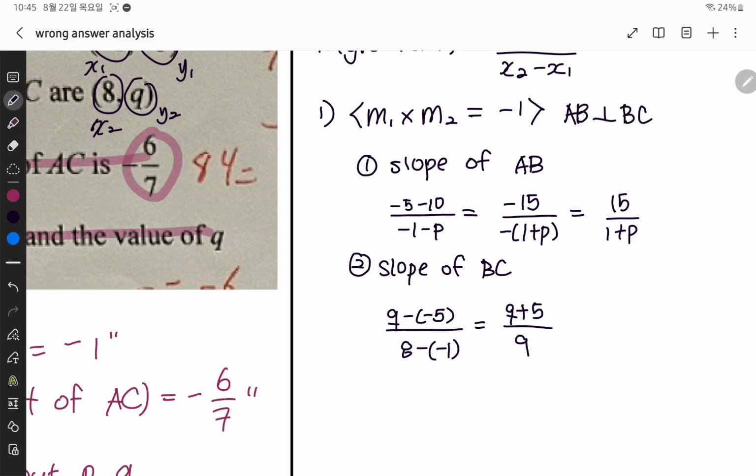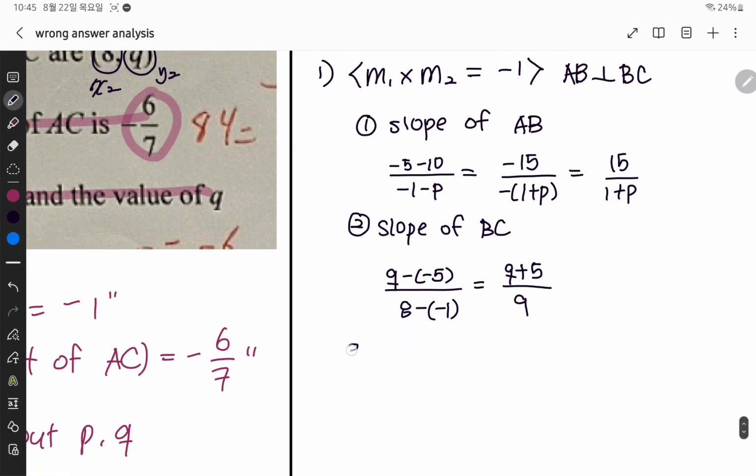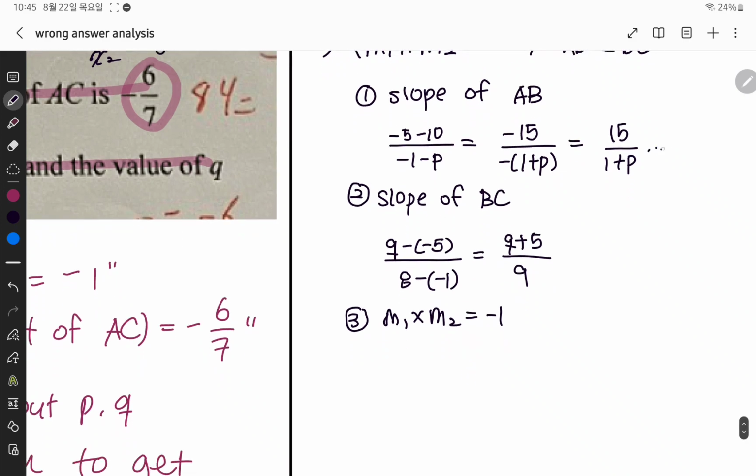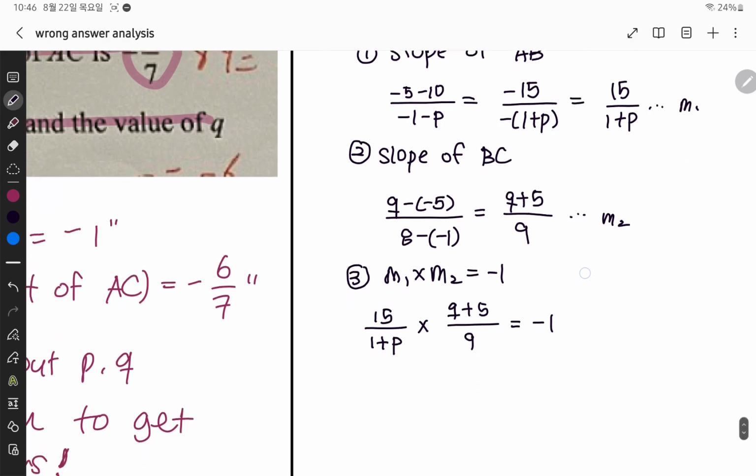And now I'm going to use the perpendicular formula, M1 times M2 equals -1. I'm going to multiply M1 times M2, which is 15 over 1 plus P times Q plus 5 over 9 equals -1.